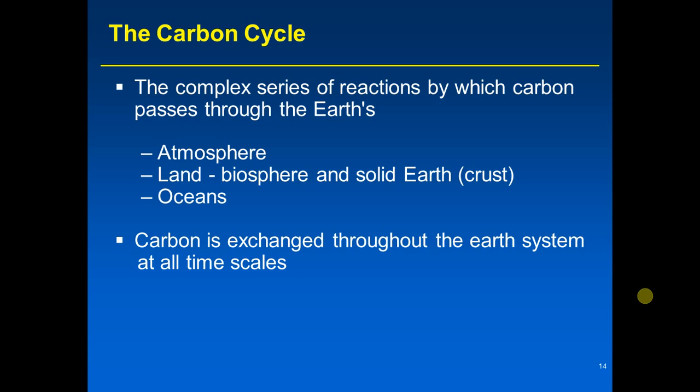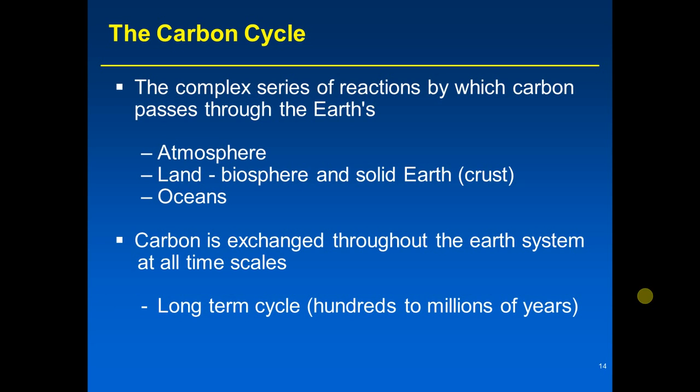The long-term carbon cycle has a time scale of hundreds to millions of years. So when carbon is transferred between different Earth spheres, and those exchanges are part of the long-term carbon cycle, it'll take centuries to millions of years in order for the carbon to be exchanged between the Earth systems.